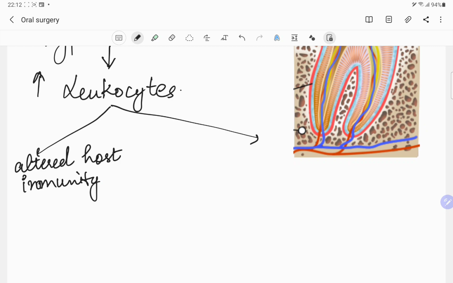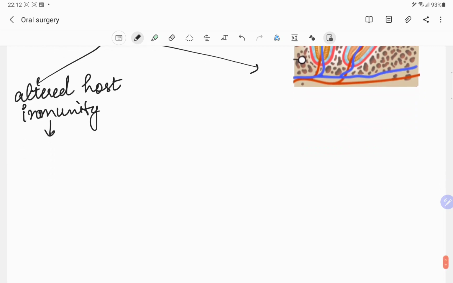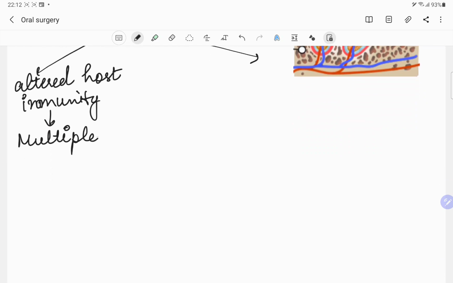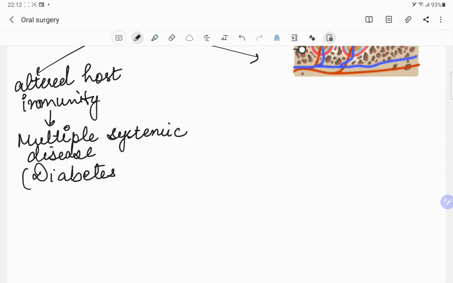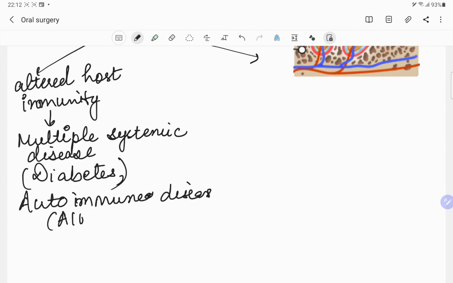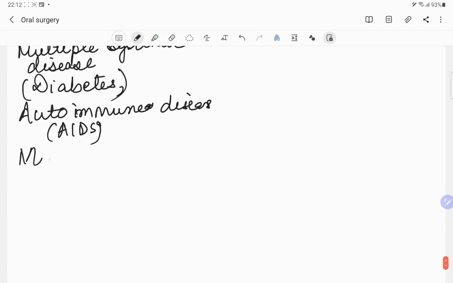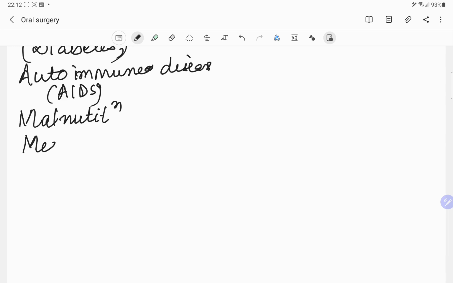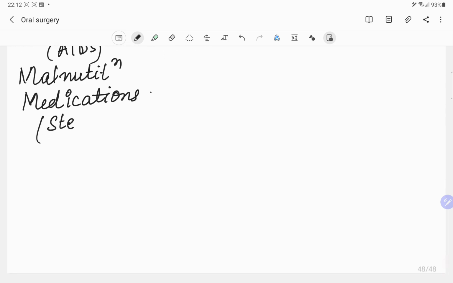Say, if that person has multiple systemic diseases, most commonly diabetes, or an autoimmune disease like AIDS, or malnutrition, or is on certain medications. Certain drugs also alter the response, for example steroids, which decrease the immunity of an individual, or bisphosphonates.